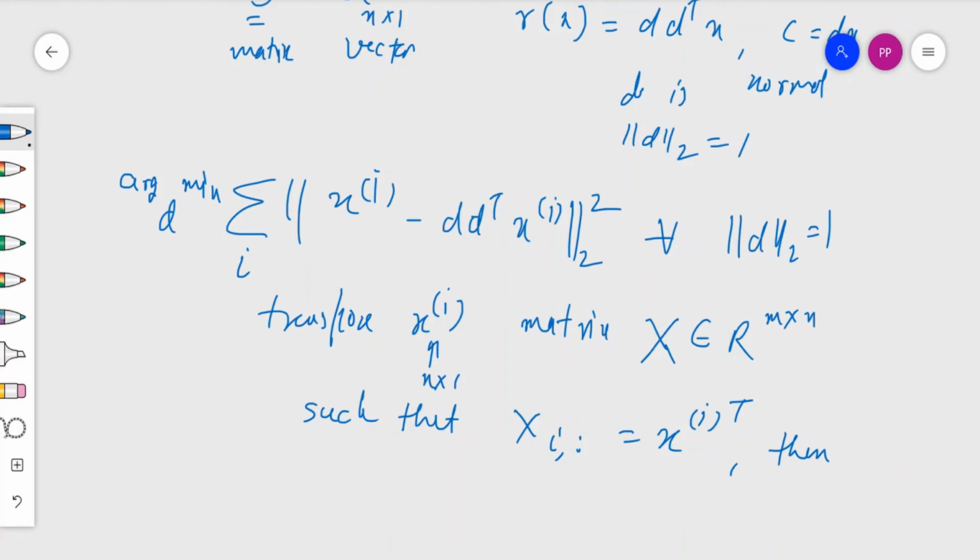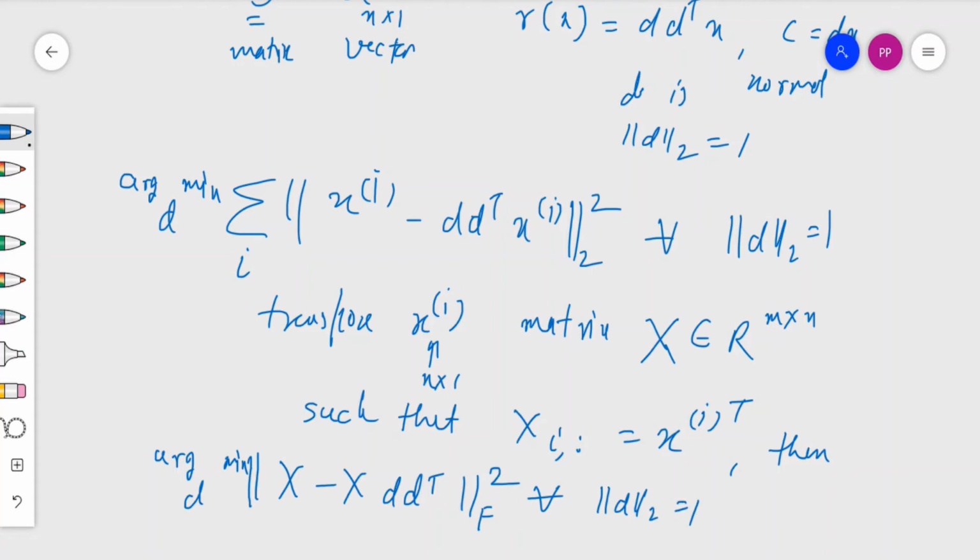Then we have the norm again modified as capital X minus capital X d d transpose. Now X is a matrix, so it is a Frobenius norm, and we have the argument small d, and we need to minimize this Frobenius norm for all d with L2 norm equal to 1.